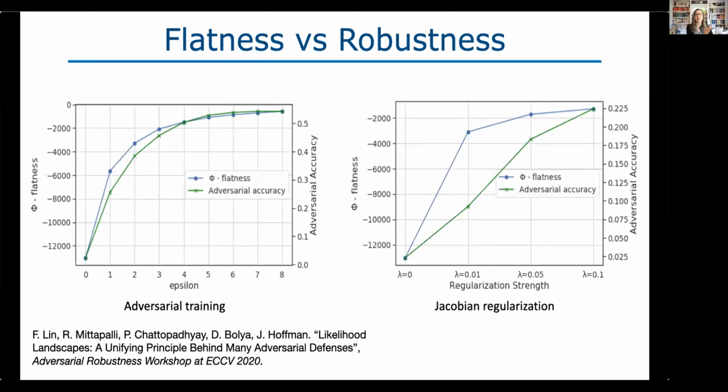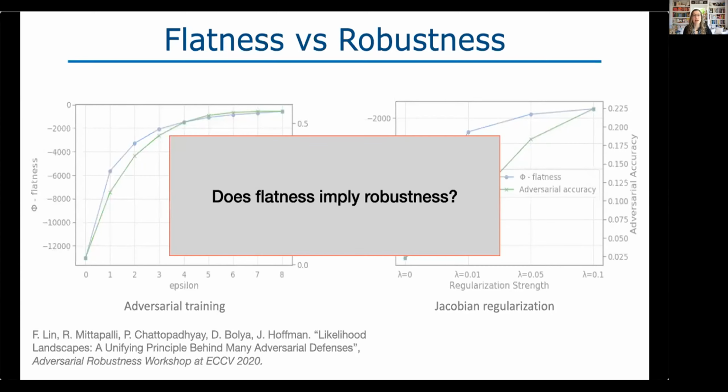But in both cases, you're sweeping from less robust to more robust. And on the y-axis, we're showing both flatness and adversarial accuracy. What you'll notice is that as flatness increases, so too does adversarial accuracy. This naturally leads us to ask the question, does flatness imply robustness?